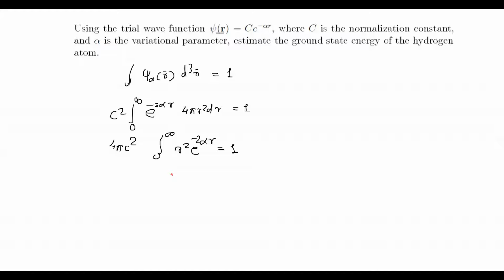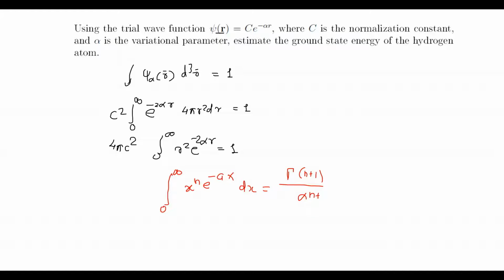So if you recall, what is the definition of the gamma function? If there is an integral from 0 to infinity x raised to n e raised to minus ax dx, then the integral is gamma n plus 1 upon a raised to n plus 1.